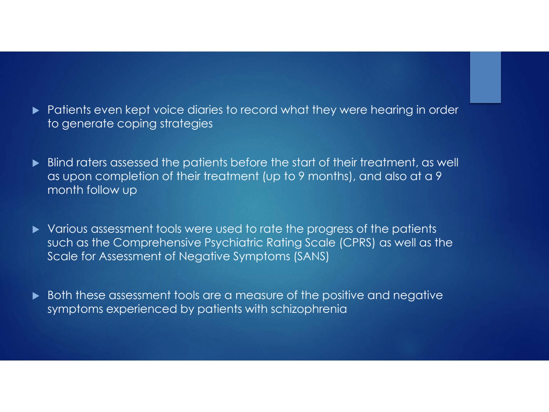So through these assessments, the raters are going to be rating positive and negative symptoms, because that's what these two questionnaires are used for, to assess positive and negative symptoms of schizophrenia. So through these assessments, the raters are going to be assessing the 90 patients in terms of any positive and negative symptoms that they may be displaying.